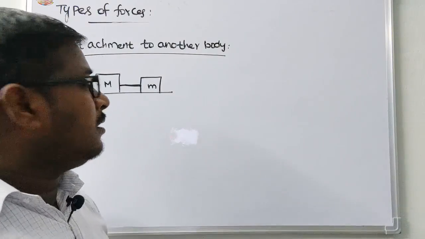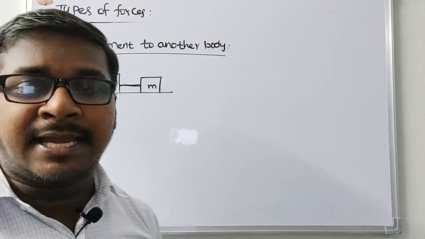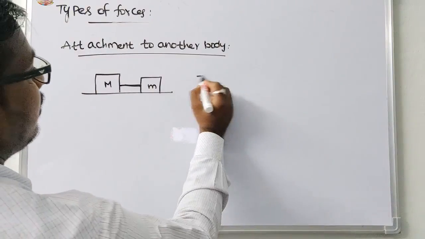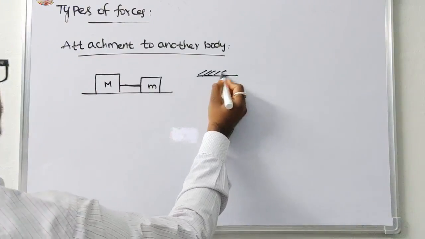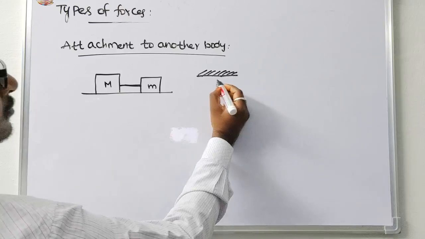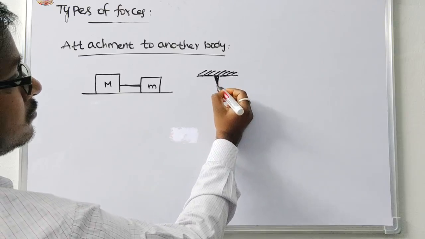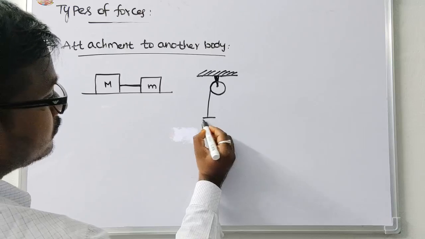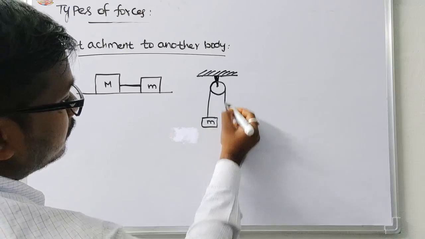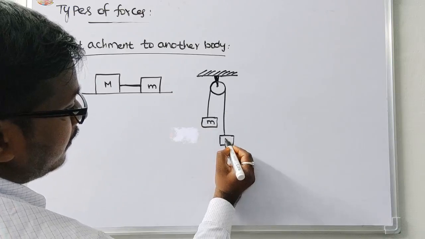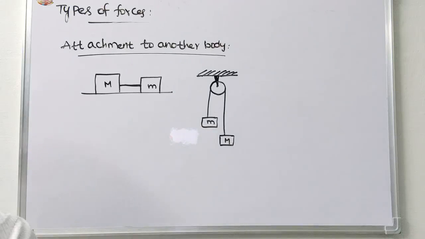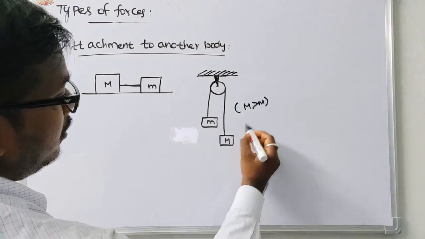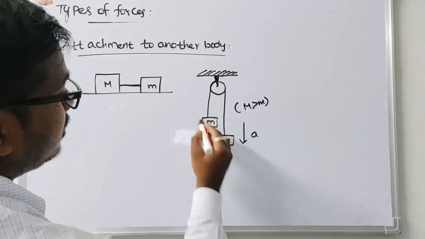One block is on the horizontal surface, connected by the string, and we take a pulley also. This pulley, small m, capital M. In this case, M is greater than m, and the acceleration acts in this direction.